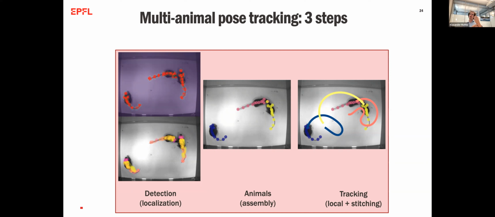So it would output a vector field that points between 2 joints if they belong to the same individual. And I'll show you this on the next slide. Based on the detection of the body parts and of the connections, we can then assemble individuals in a given frame. And then we also need tracking methods to link these different assemblies over time in order to have the multi-animal pose estimation output.